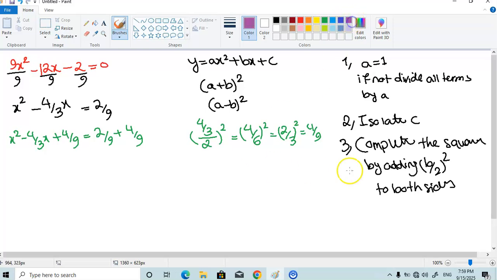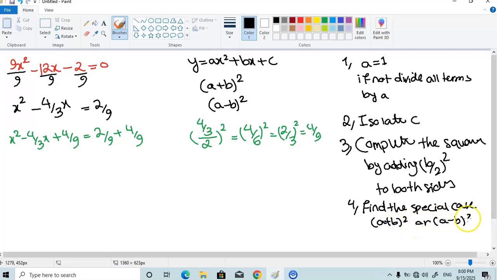And then step number 4 is going to be find the special case. Which ones? Either a plus b to the power of 2 or a minus b to the power of 2. So you're going to do that too. So it's going to be x times x, 2 over 3 times 2 over 3.